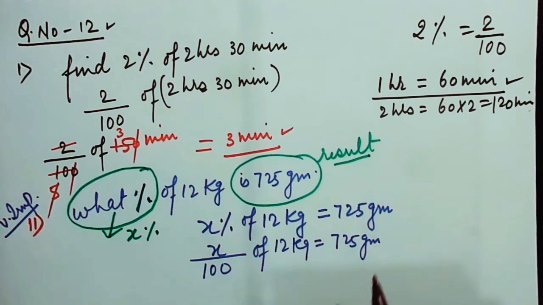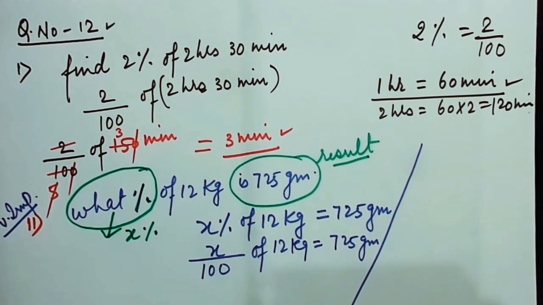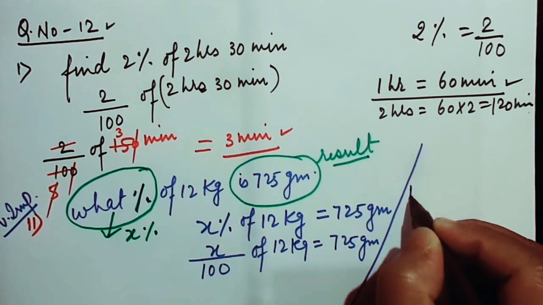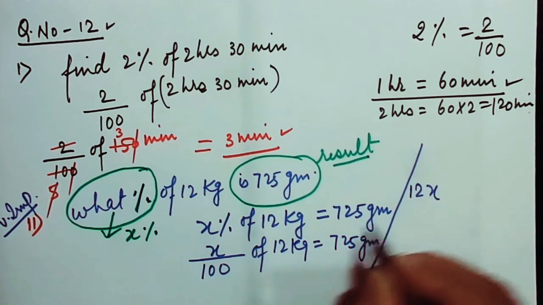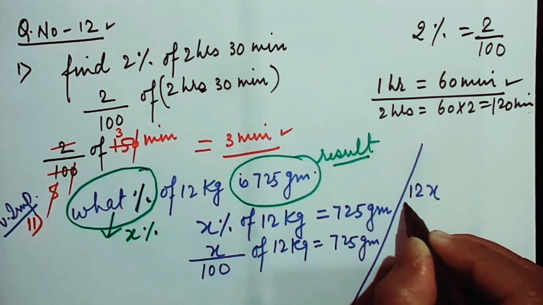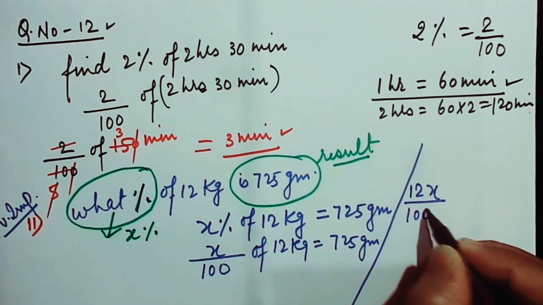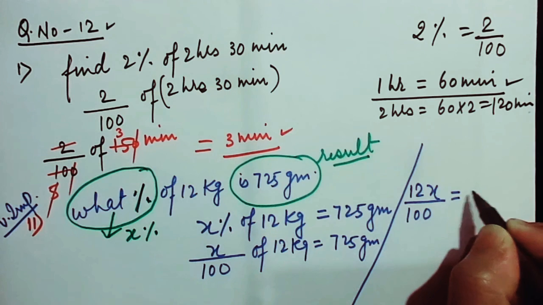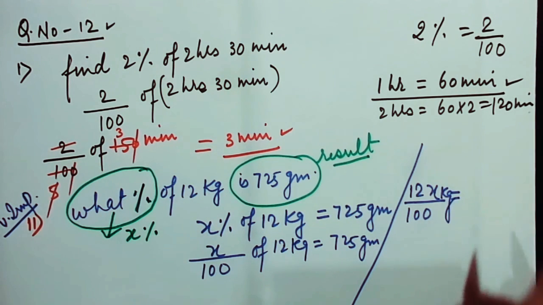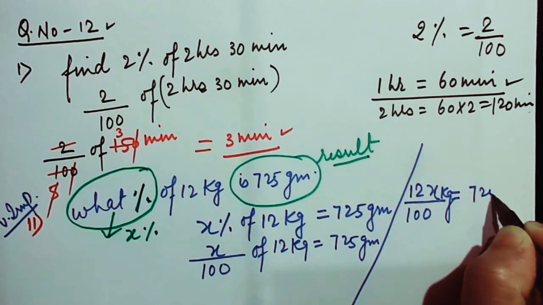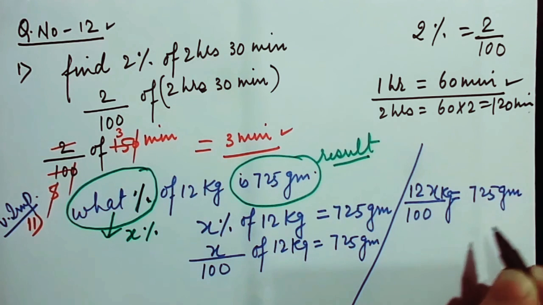Okay, this means 12 into x, 12x by 100 kg is equal to 725 gram.